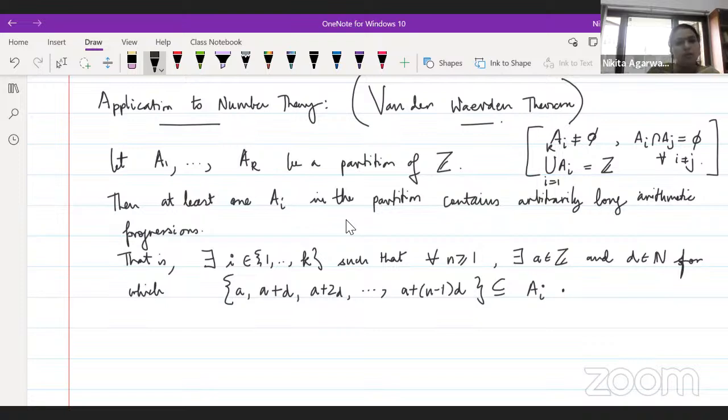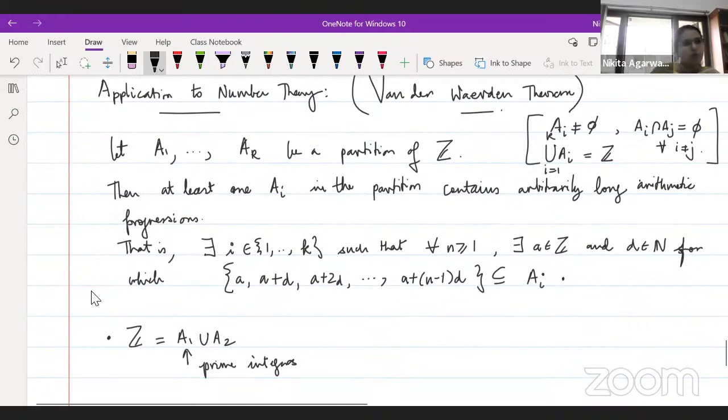Okay. So this result has a long history. And let me give you a little bit of history here. So let us look at Z as the union of A1 and A2, where A1 is the set of prime integers, so plus and minus p, where p is a prime, and A2 is all the composite numbers, plus and minus.